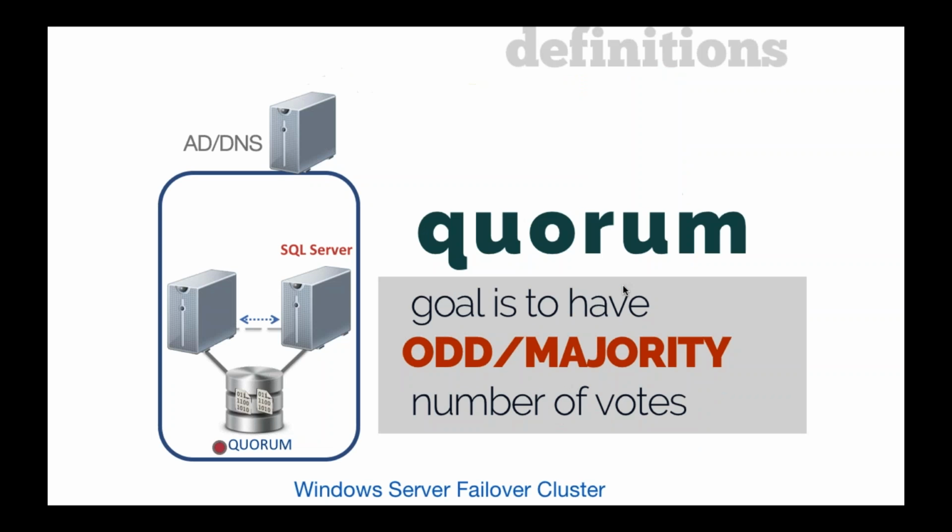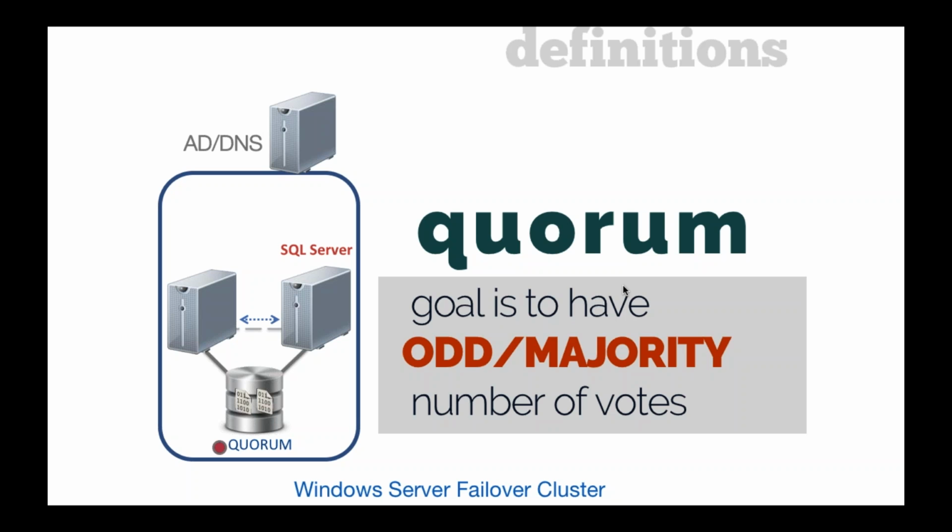Looking at the diagram, we'll use the traditional two-node Windows Server Failover cluster, running SQL Server Failover clustered instance in this case. If the goal is to have an odd number of votes or a majority of votes, and if every node contributes a vote, just by looking at this diagram we can easily see that I only have 2 votes.